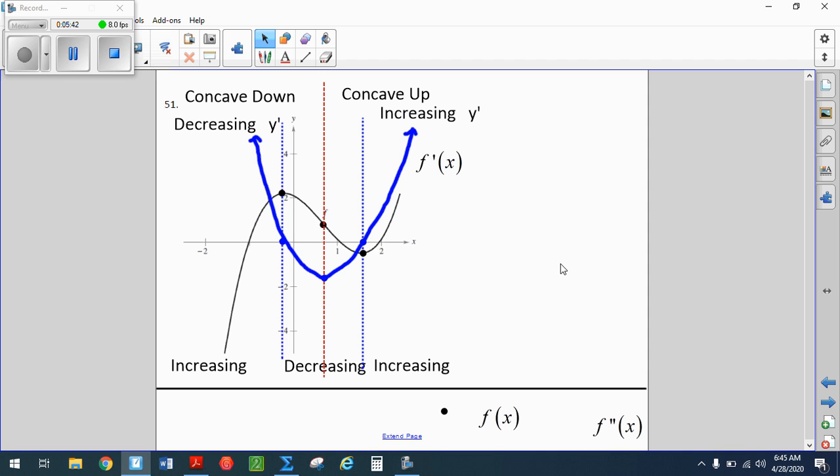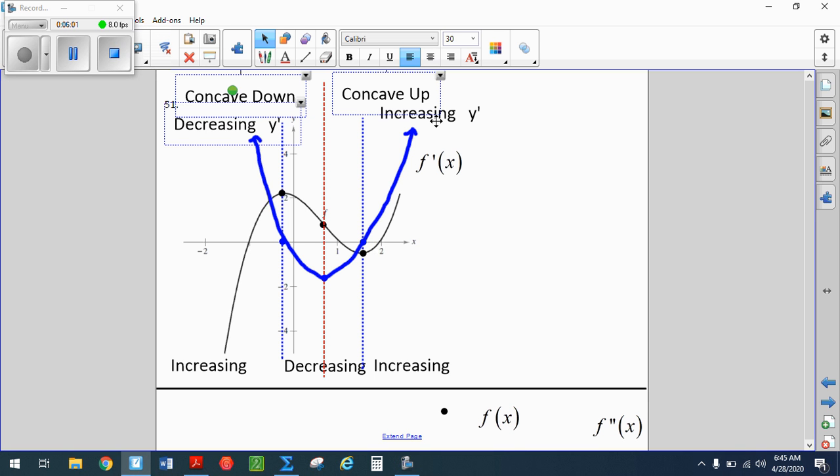It's decreasing, which follows the concave down. But I also want to graph the second derivative now. So everything I did so far was to look at the first derivative. So the second derivative has to do with the concave up and concave down. Okay, or you could look at it as the decreasing and increasing of the derivative.